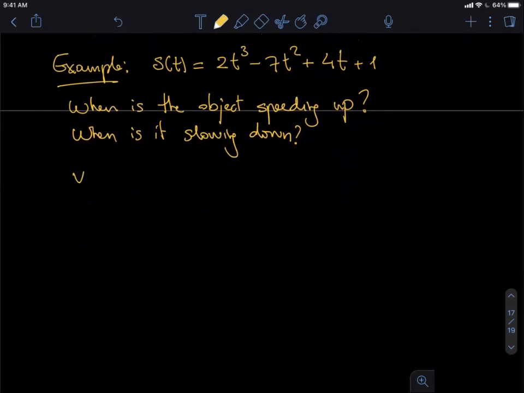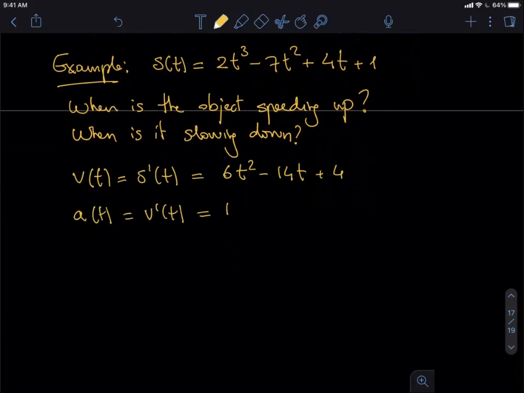They have the same sign or not. So let's start computing derivatives. So the velocity is 6t^2 minus 14t plus 4, right? And then the derivative of the velocity is the acceleration. So that is 12t minus 14. All right. And now we need to figure out when they are positive or negative.